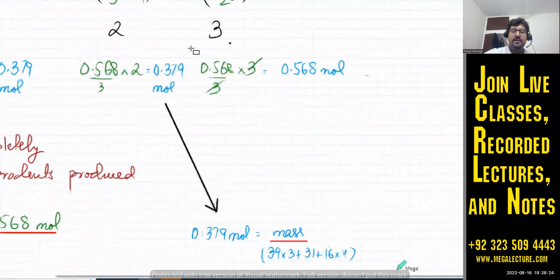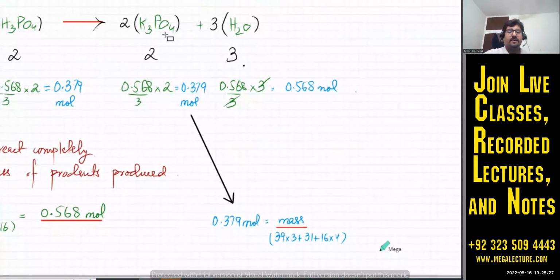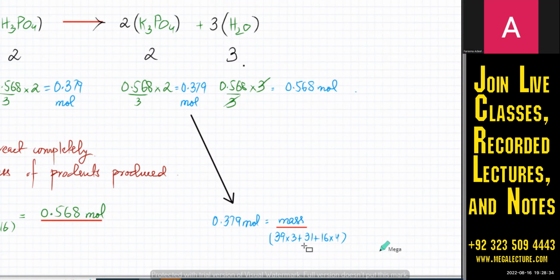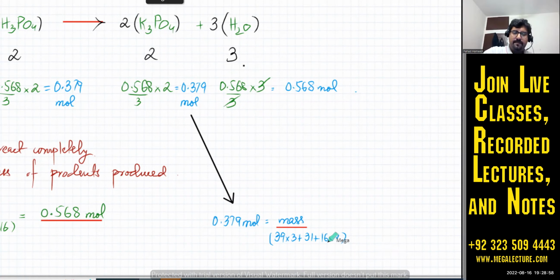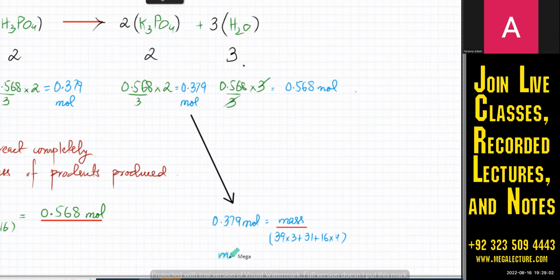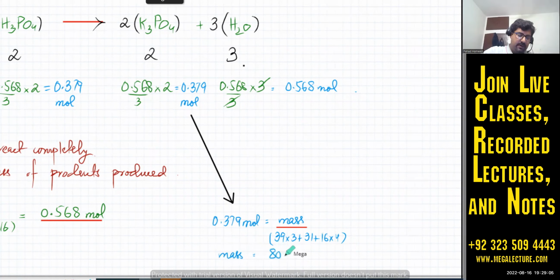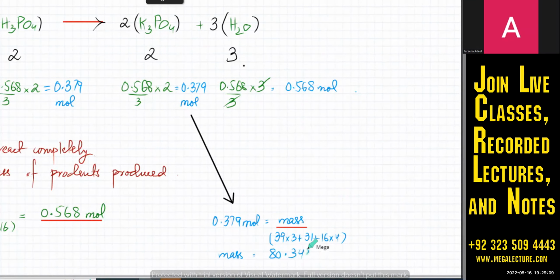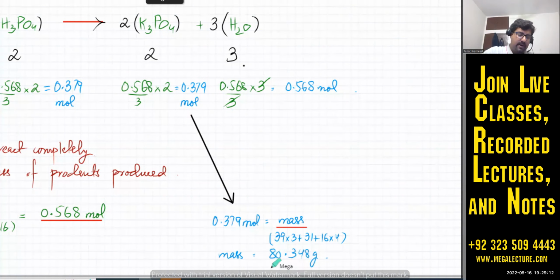If I solve this, I'll figure out the mass of my product. So what do we get? 80.348 grams.